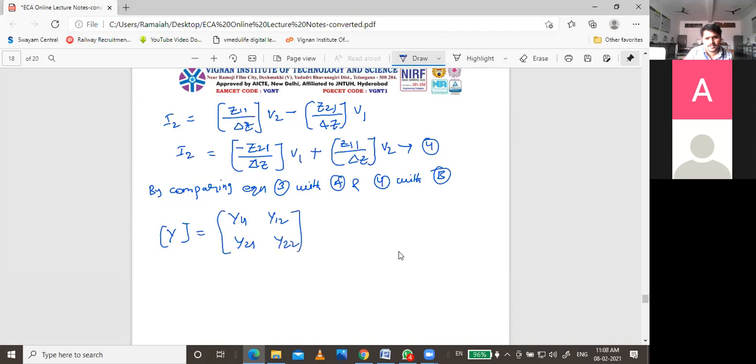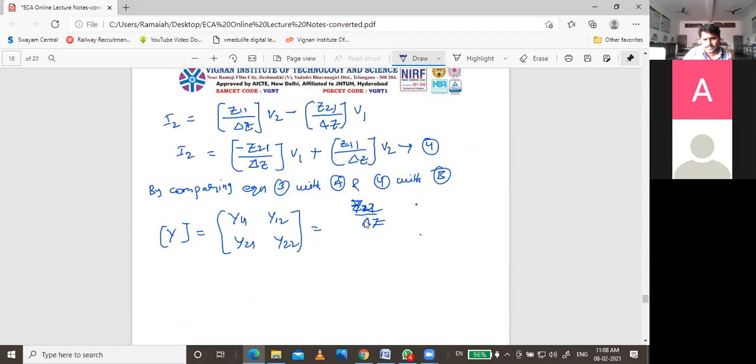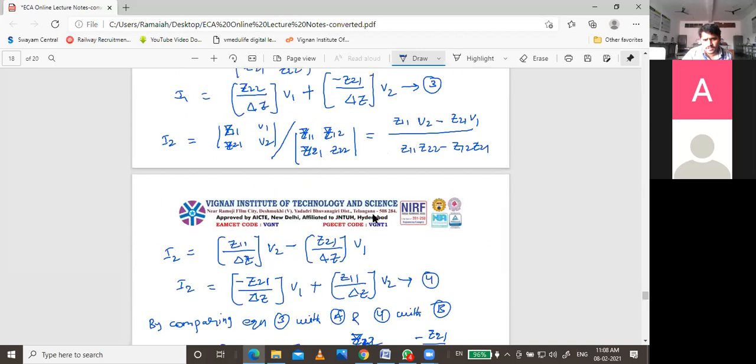So what values did you get? Here Z22 by delta Z, then minus Z12 by delta Z, then minus Z21 by delta Z, and Z11 by delta Z.